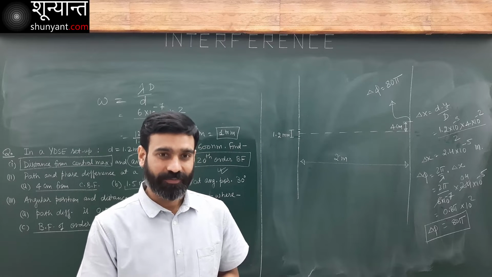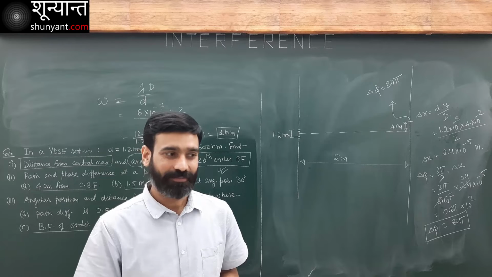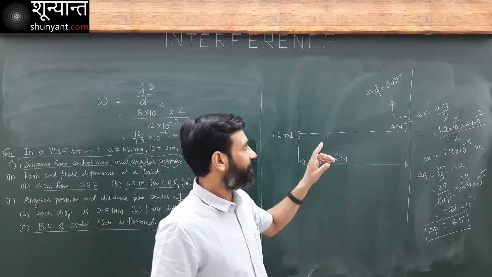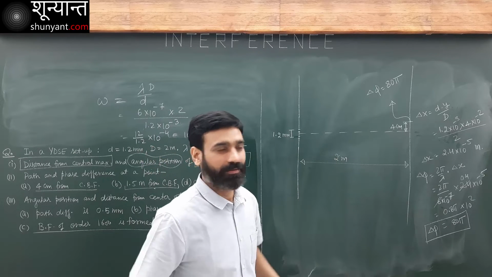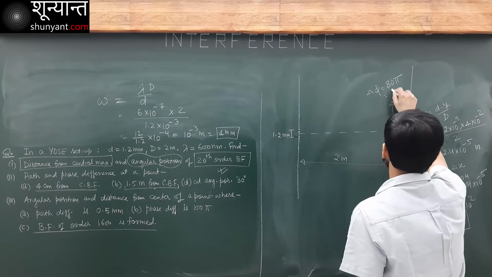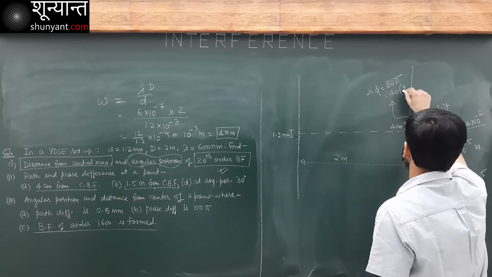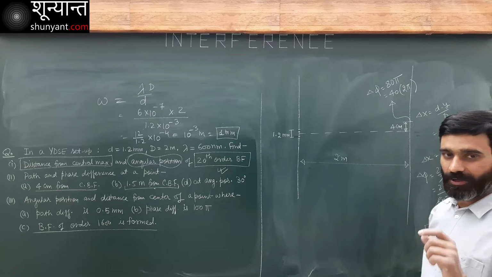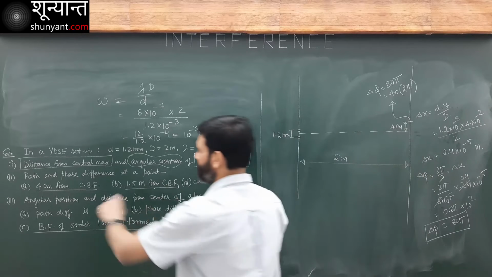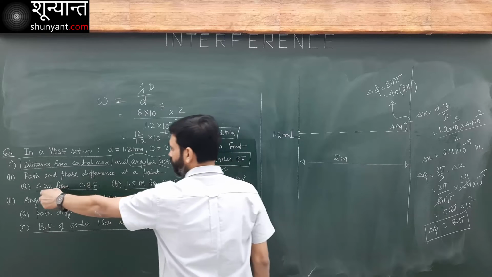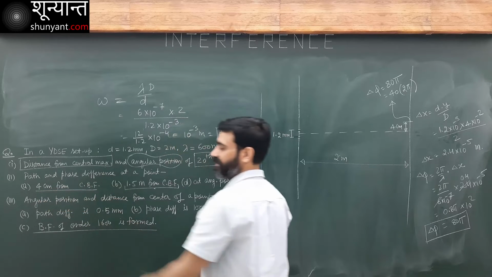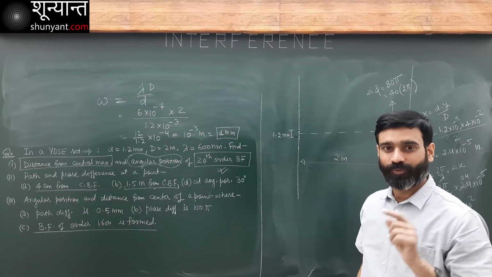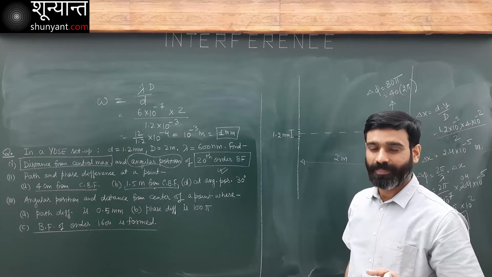It is a multiple of 2 pi. This I can write as 40 times 2 pi. That means the point about which we are talking, the point which is at a distance of 4 centimeter from central bright fringe, at that point I am going to get a bright fringe.